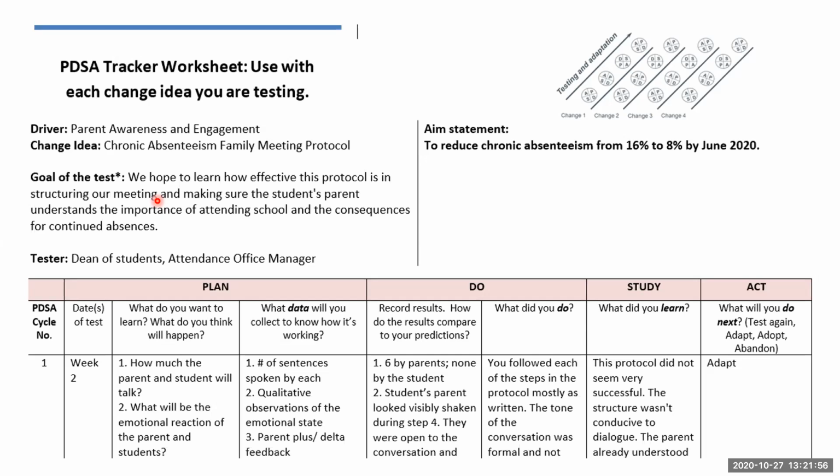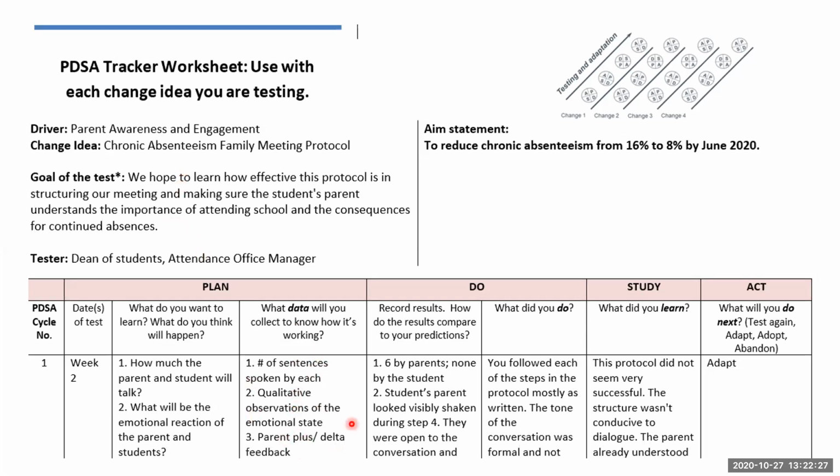So as a team, through all that discovery that they've done, they've come to decide that part of the problem with chronic absenteeism might be that parents don't understand why it is important to attend school and what the consequences are. Whether or not you agree with that assessment or not, this is this team's goal.